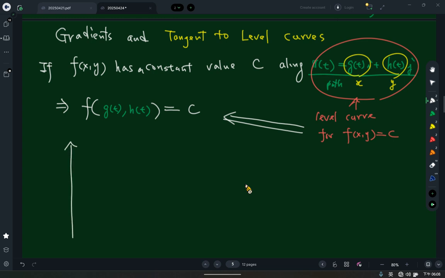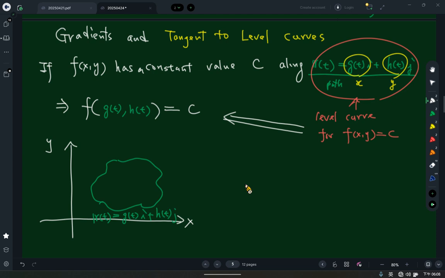So we can describe this as x, this as y. Then this curve we can say is r of t equal to g of t i plus h of t j. All points on the green curve have corresponding function value c. So this is a level curve for f of x, y equal to c.